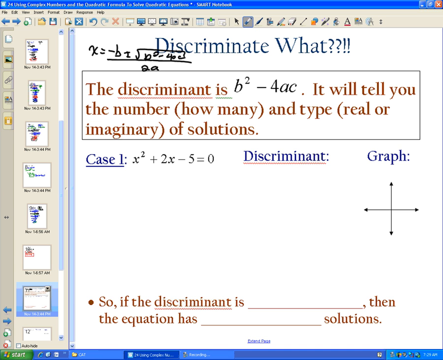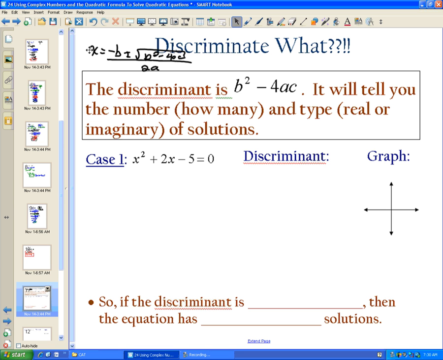The discriminant is what's inside the square root. And this is going to tell me if I'm going to have real solutions, imaginary solutions, or one solution. It will tell the number, how many, and the type, real or imaginary, of solutions.